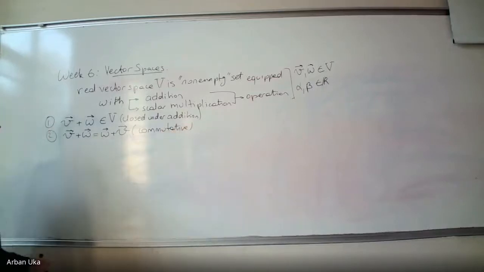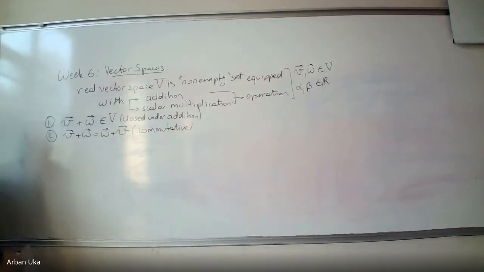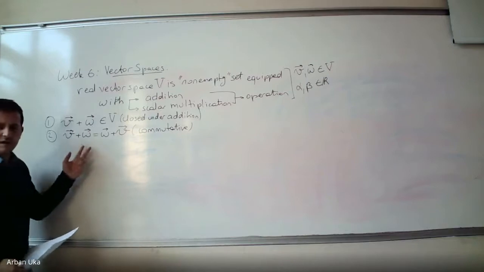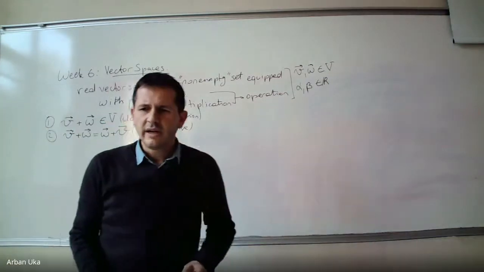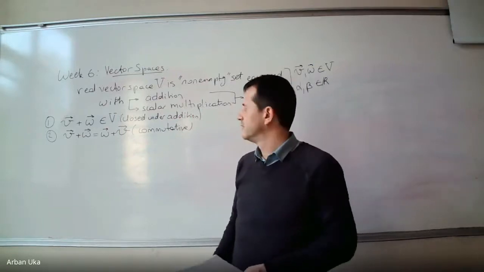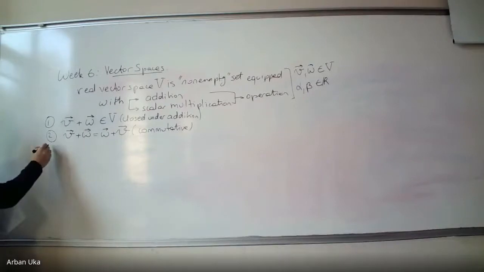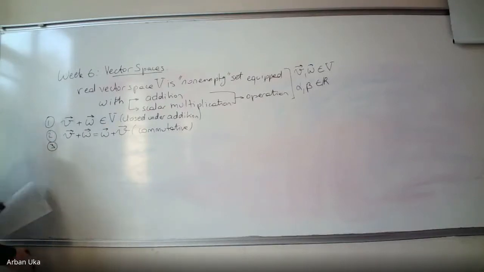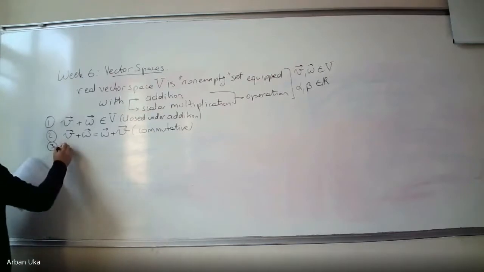This is the commutative law. If you have two matrices, A plus B, would this always be equal to B plus A? Yes. So assume that you already know this. This is not something you need to memorize. Matrices are commutative when you add them, so you don't have to worry much.